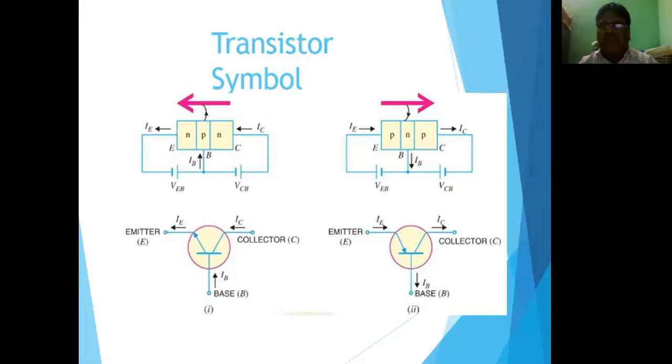Next, the power supply VCB is the collector base voltage. The voltage is applied between the collector and base terminals, which is called VCB: V for voltage, C for collector, B for base.